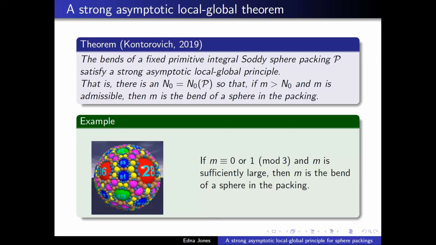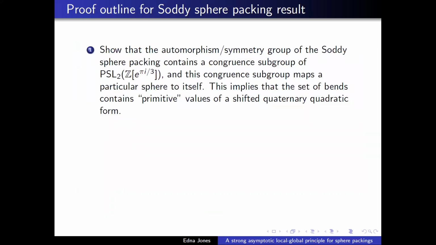Okay, so here's a brief outline of how Kontorovich proved this result. He showed that the automorphism group, the symmetry group of the Soddy sphere packing, contains a congruence subgroup of PSL2 of the Eisenstein integers. And this congruence subgroup maps a particular sphere to itself.